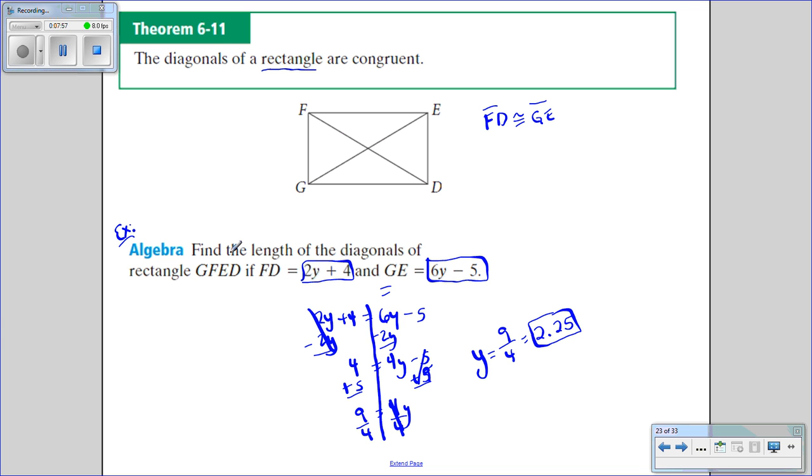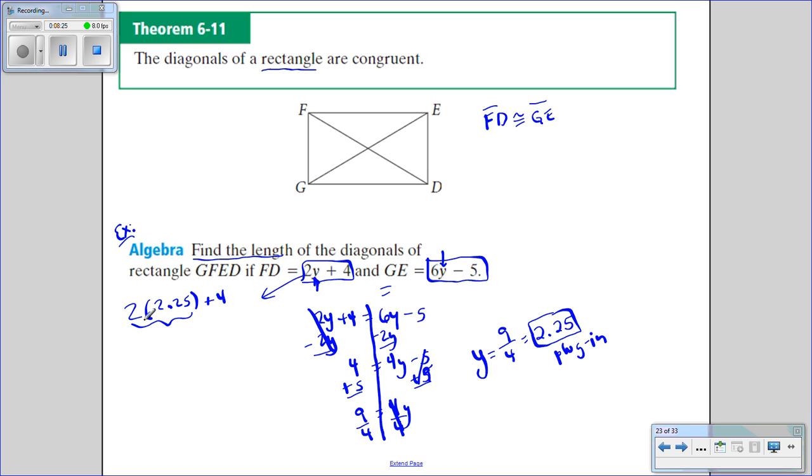Now, again, we need to find the length of the diagonals. So I'm going to plug this in for either one of these y's. It doesn't matter which one we plug it in for because we know they're going to be the same length. So I'm going to take this one. 2 times, now y is 2.25, and then plus 4.